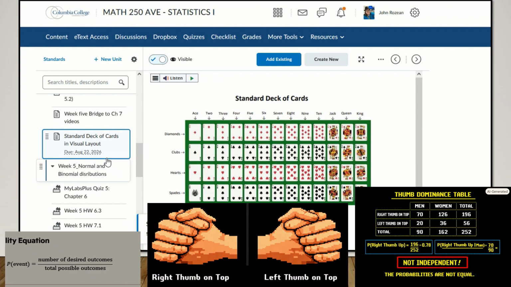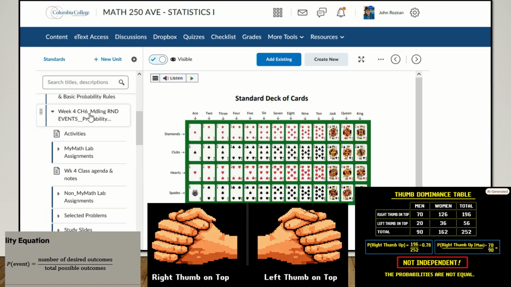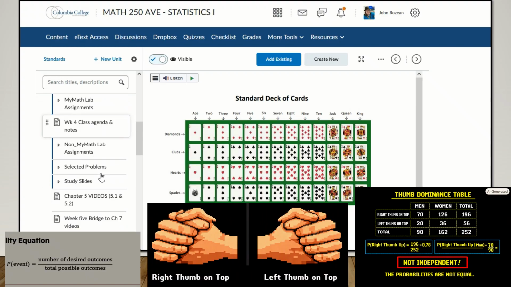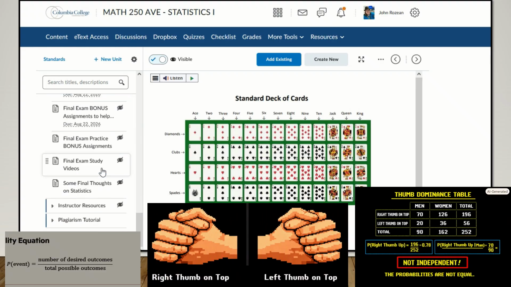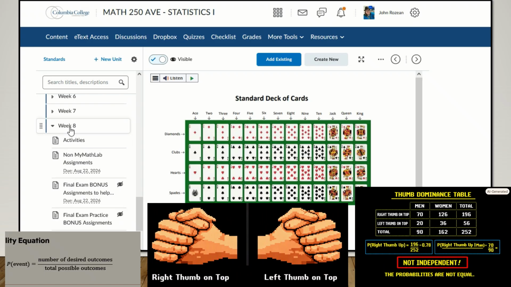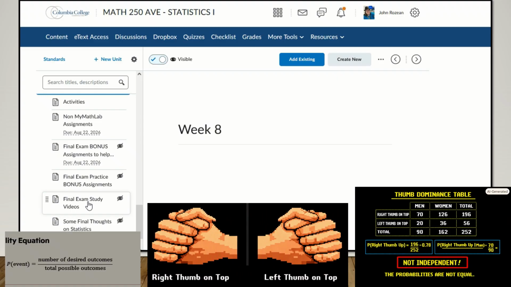Let me make sure it's visible. I don't know if I can copy it and put it somewhere. Right now it's in week 4. Let me try to put it also in our final exam stuff here. So, what do we got? Practice, final exam, some final thoughts.